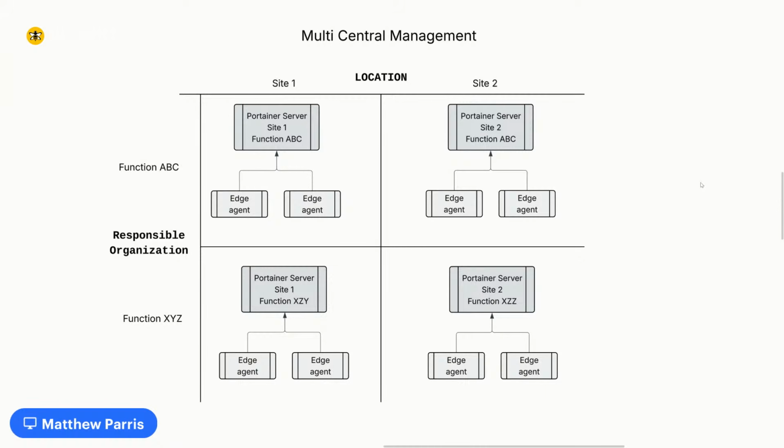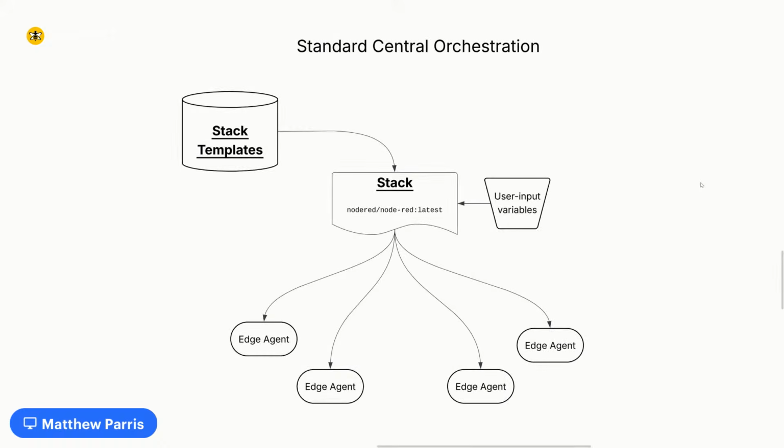You may split them out by one per plant, or you may even split them out by organization, as a way of keeping people from stepping on each other's toes. When you get to a multi-Portainer server deployment, that's where it also gets challenging, because every change you make in one server, you also have to replicate to every other server, let alone every change you make in an edge agent. So it just starts to get exponential in terms of management.